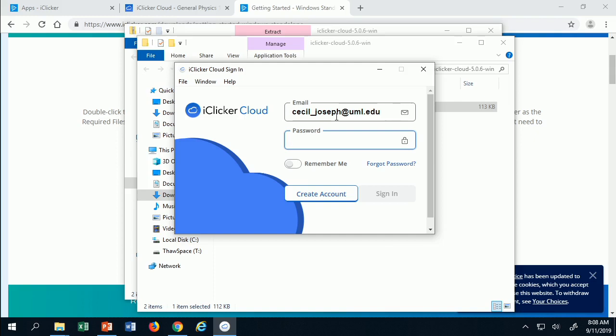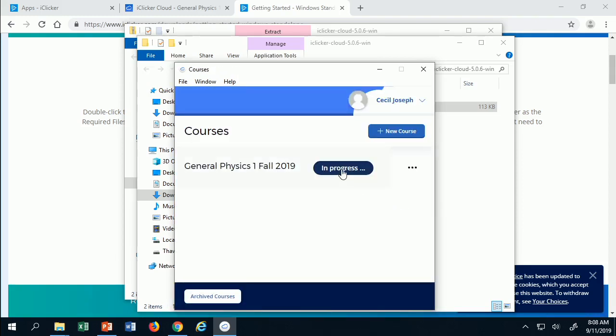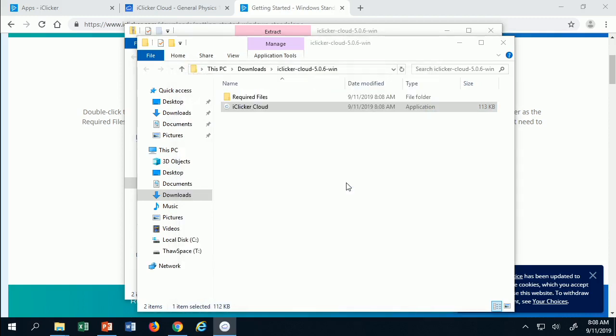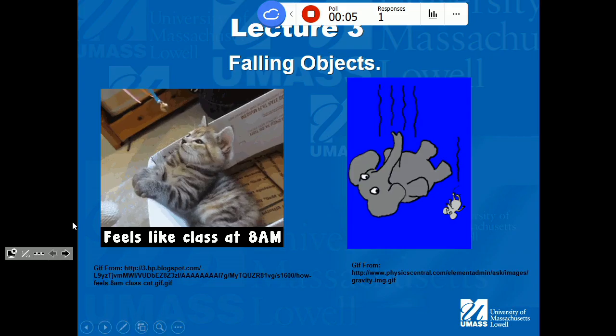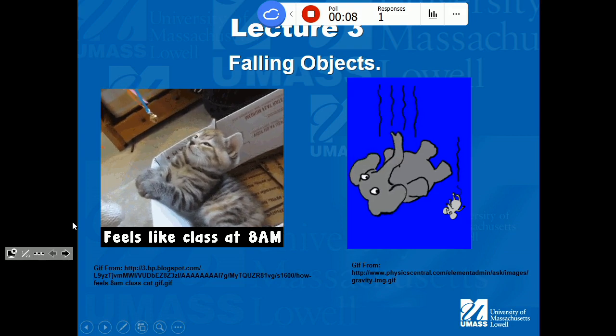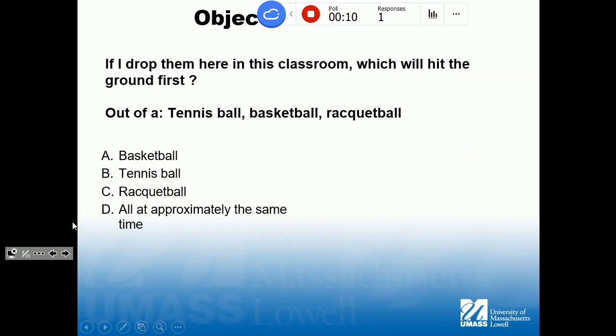It's because I just turned it off. Okay, can you guys see that now? I have one response, so someone actually managed to click in. Great. So it's finally working.